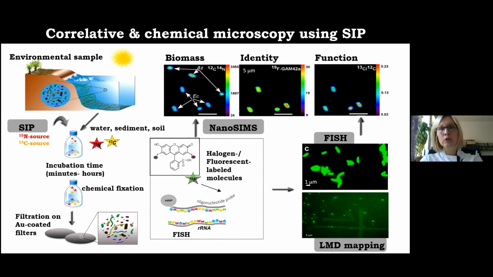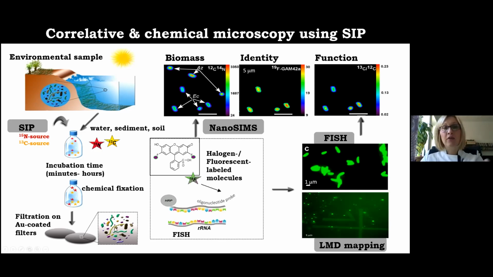How one would do that is to simply collect an environmental sample to perform your stable isotope probing, so stable isotope labeling incubations. The beauty of this technique is that the instrument is so sensitive that you can basically do very short time incubations, and you do not run into problems regarding bottle effects or other things related to keeping an environmental sample in a closed system for a long time.